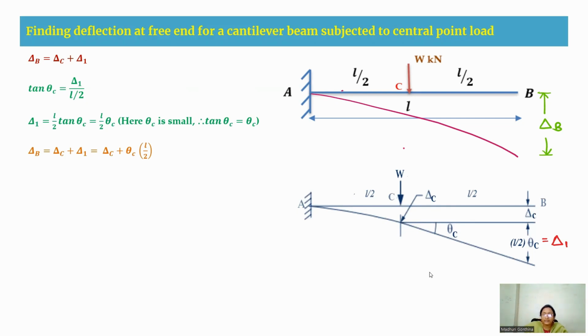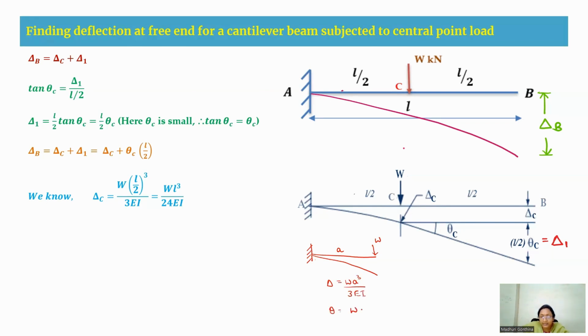As we have already learned in the previous deflection of beams, for a cantilever beam having a load at the free end, when we take this distance as A, this is the deflection curve. Delta at this point will be equal to WA cube by 3EI, and the slope theta is WA square by 2EI.